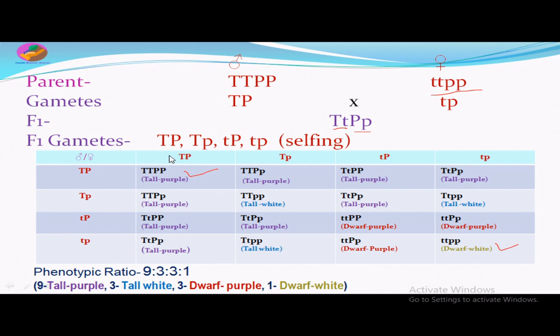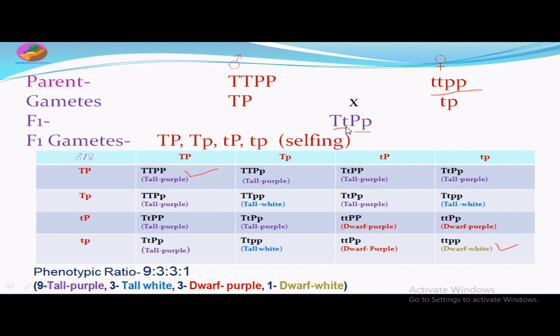See, they will give rise to F1 gametes again. So these 4 types of gametes will be formed. This will be from the first pair, it will cross with the second pair. So this capital T will cross with the first P, it will give capital T, capital P. Then capital T will cross with small p, it will give rise to capital T, small p.